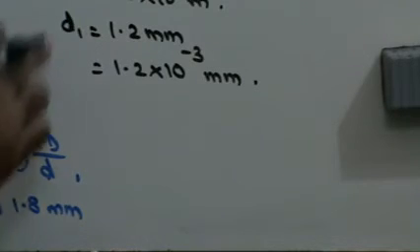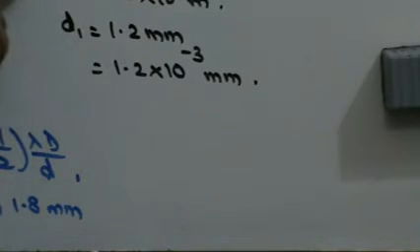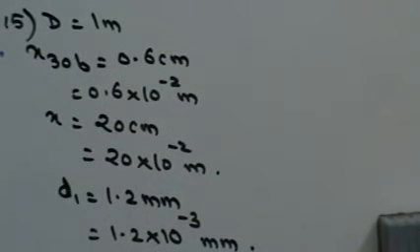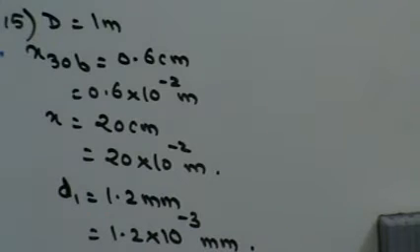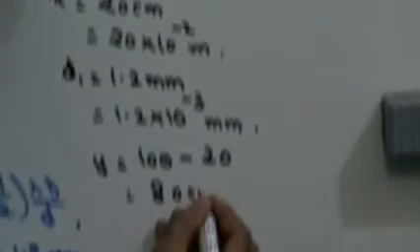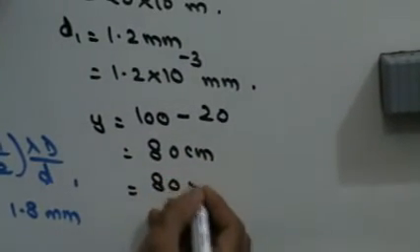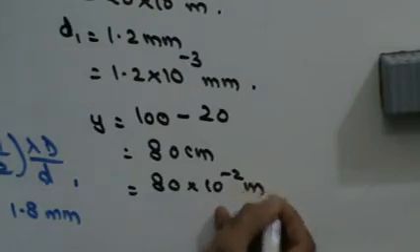Guys, let's see this. The distance of the lens from the slit is 20. So in that case, the distance of the convex lens from the eyepiece is going to be 1 meter, that means 100 centimeters minus 20, 80 centimeters. That's 80 into 10 raised to minus 2 meters.